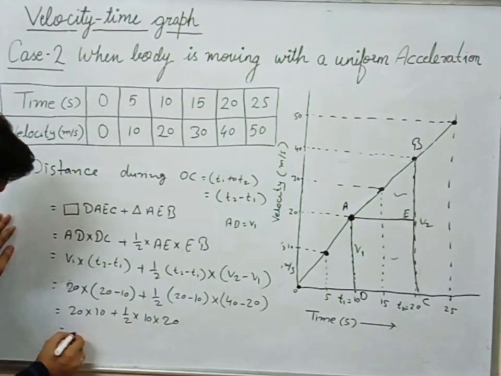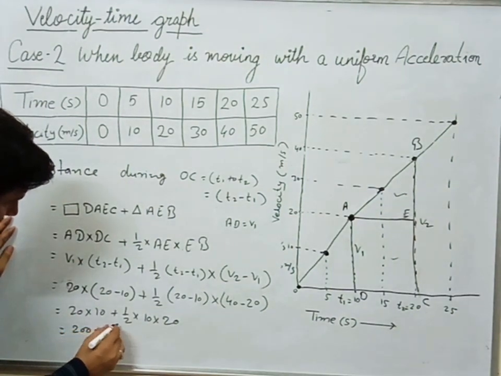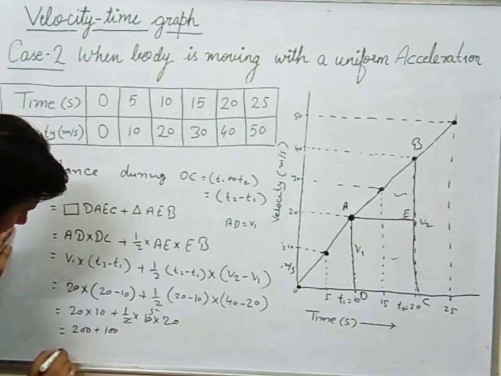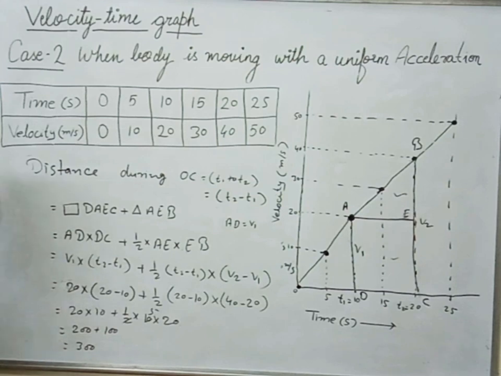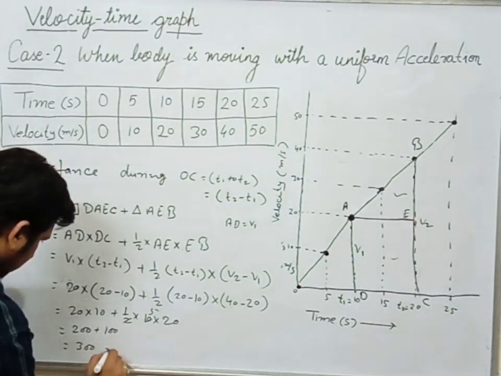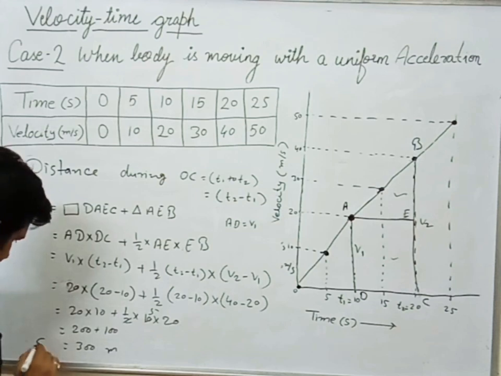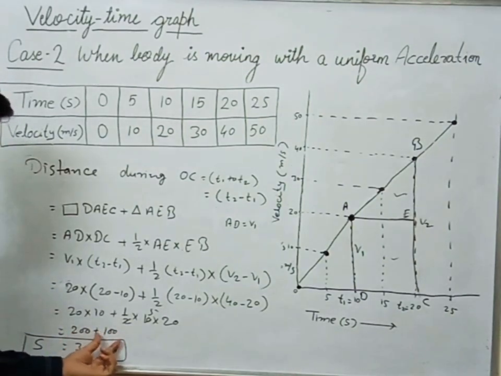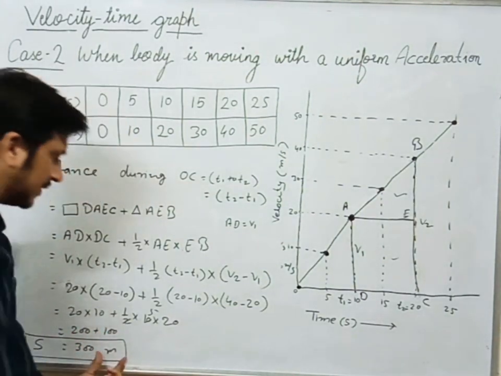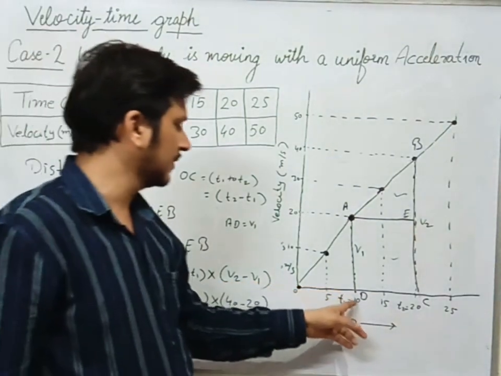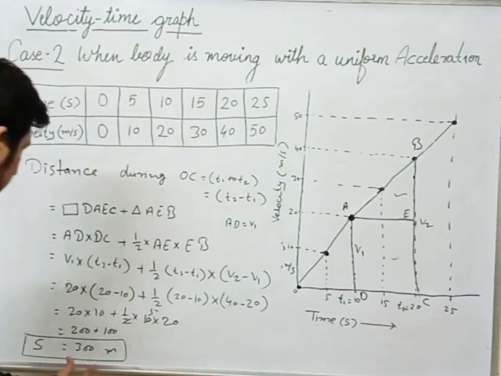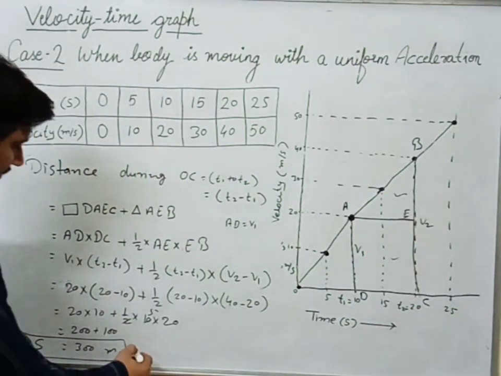So it will be 200 plus half, which is 5, plus 100. We get 300 meters, not 30. 100 plus 200 will be 300 meters. The total distance traveled by the object between T1 and T2 is 300 meters, and this is the displacement.